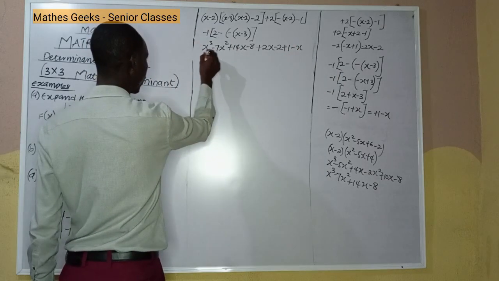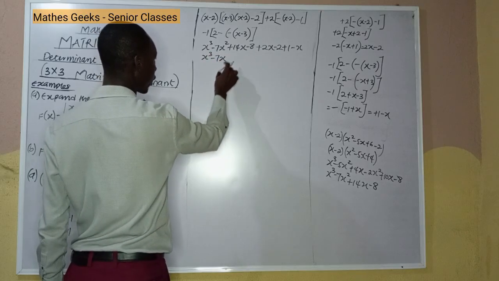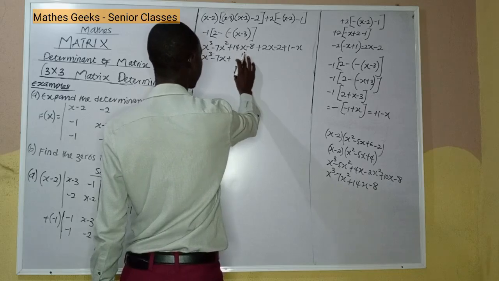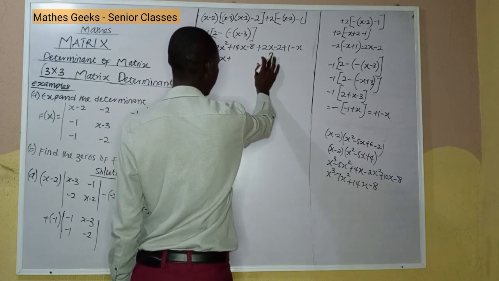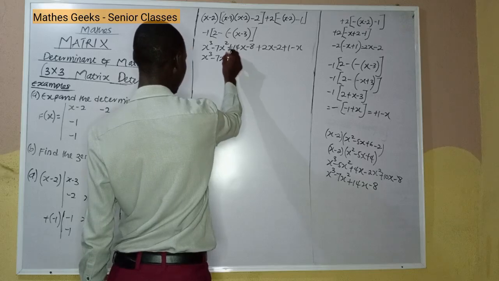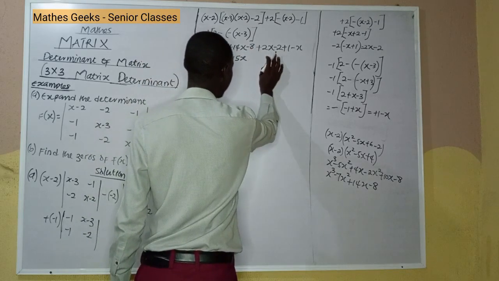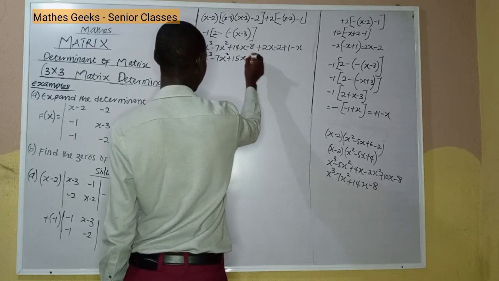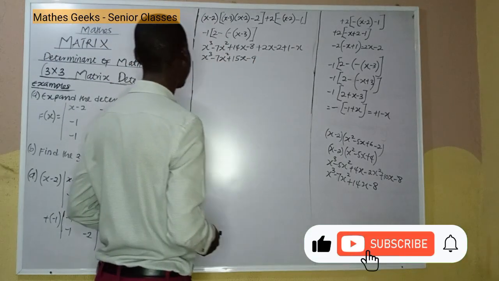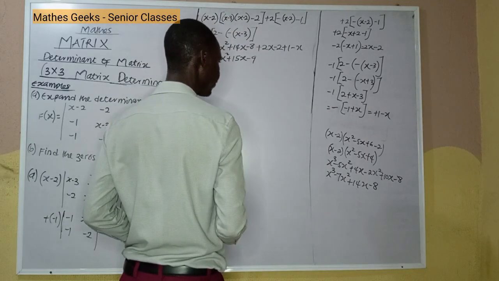Now x raised to the power 3 minus 7x squared plus 14x, plus 2x, minus x, gives 15x minus 8 minus 2 minus 10 plus 1 minus 9. As usual, let's make sure I run through this before I proceed.